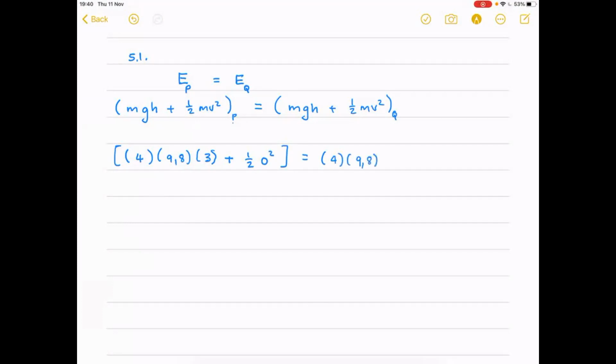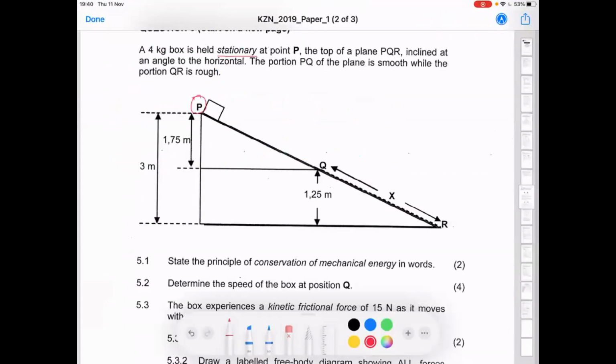So it's 4, g is 9.8, and h is, what is h? So when we measured P to be 3 meters, we measured it relative to the ground. So this is 0 meters. Okay, so if P was 3 meters, then Q is going to be 1.25 and not 1.75.